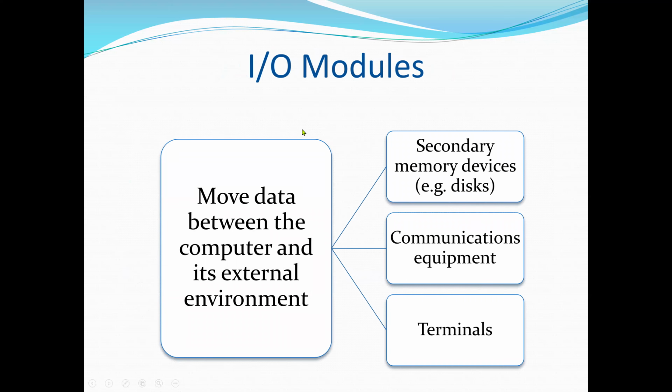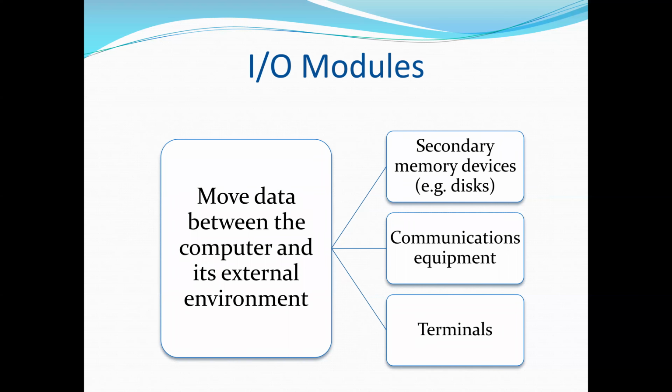Next, we talk about the I/O devices, or here we say the modules. Normally, the I/O modules move data between the computer and its external environment. For example, an input device can be my keyboard. I will enter data into the computer using the keyboard.